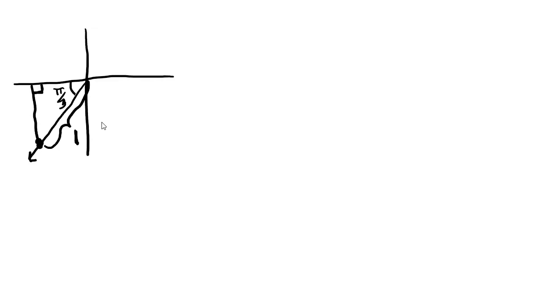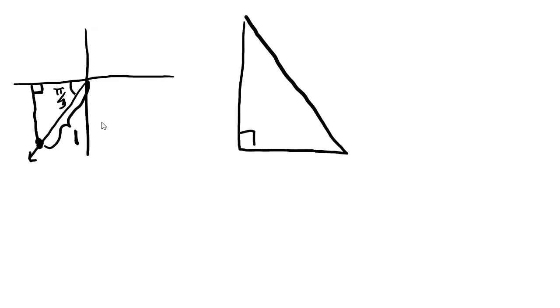Now, hopefully you see that we have our special right triangle: pi over 3, pi over 6, pi over 2, pi over 2 being this right angle. And you guys know the side lengths of these triangles, right?